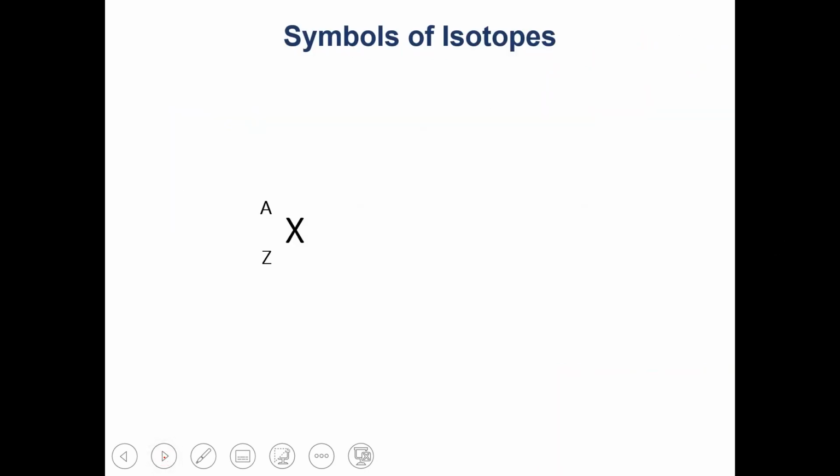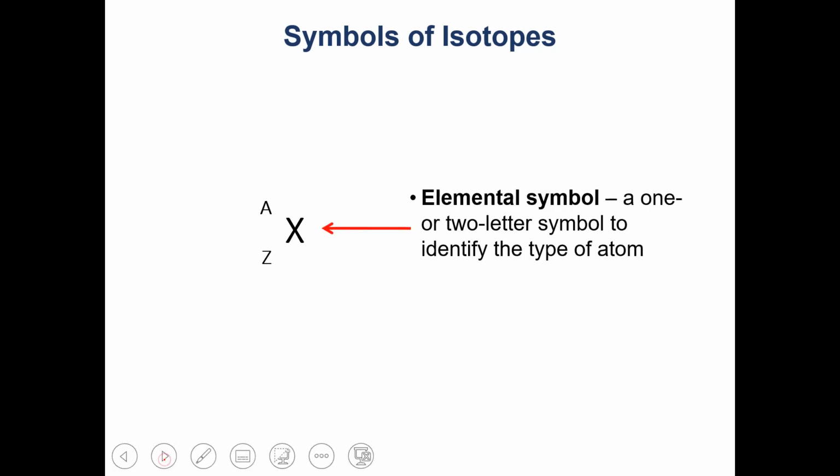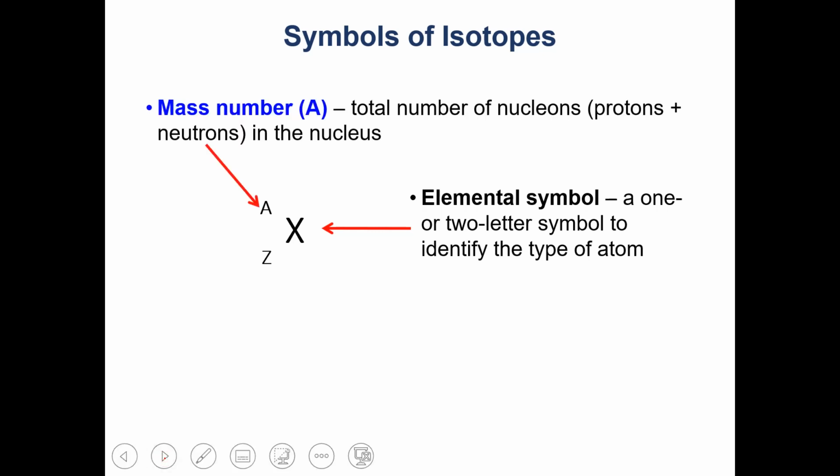When we have an isotope, the way that we write the symbol for that isotope is we write the element symbol. So instead of X here, we would write whatever the element symbol is. If it was hydrogen, we'd write H. If it was carbon, we would write C, and so forth. So we would have the 1 or 2 letter symbol for the element there. And then at the top left, we write the mass number.